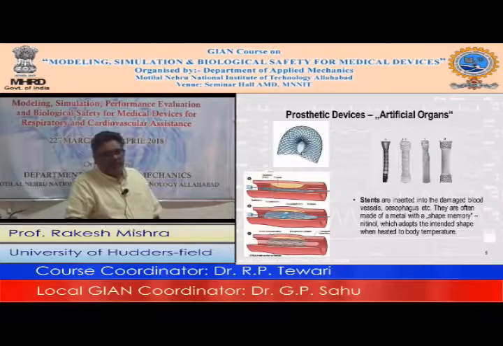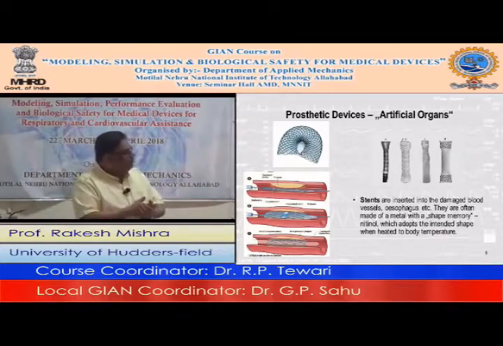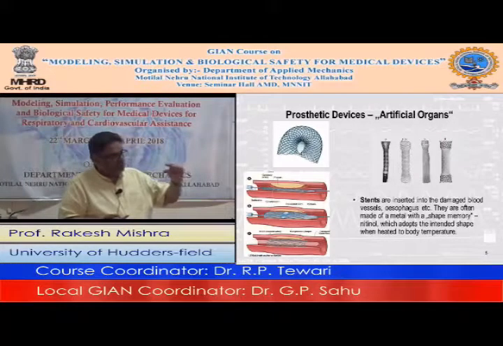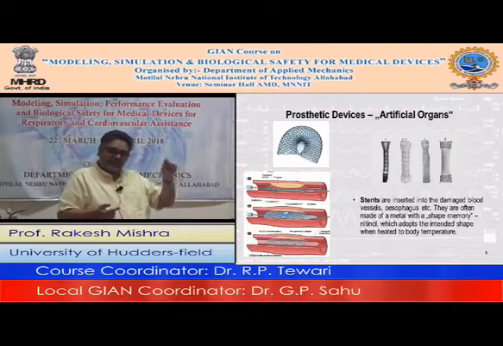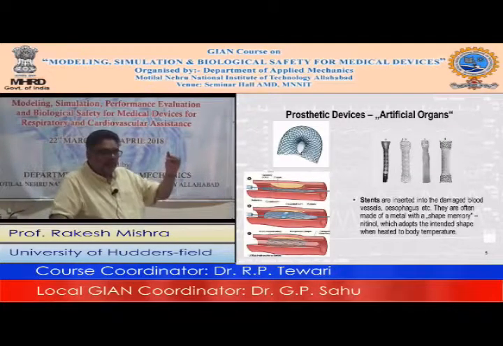That will be more than enough, isn't it, for the time being? So this is what our ultimate aim is. So in this particular case, I was talking about finite element analysis to see how the stent is reacting inside the system, what type of forces are acting, radial forces are acting, how it is deforming.